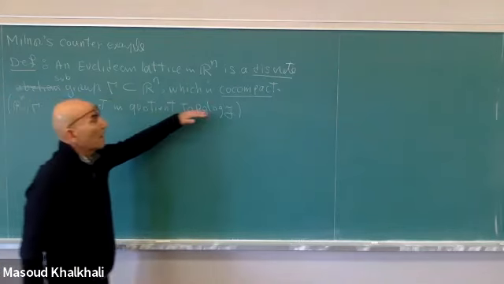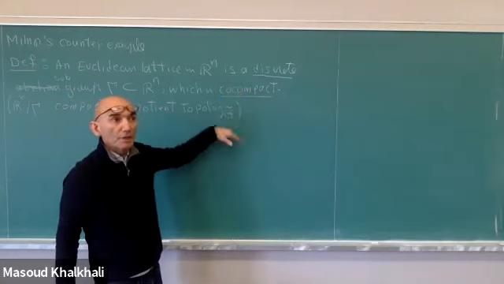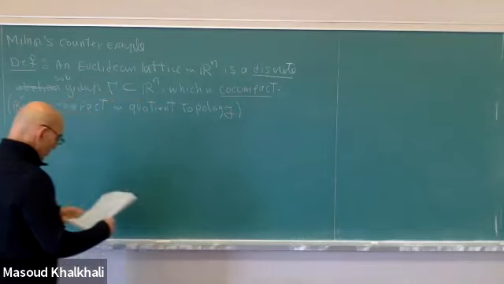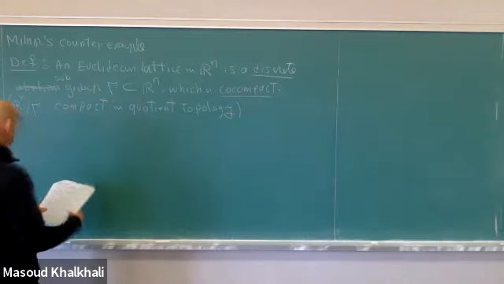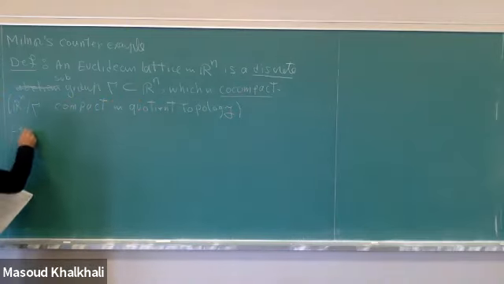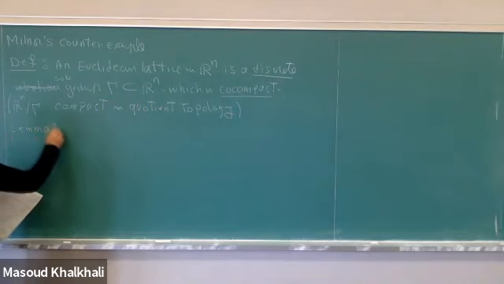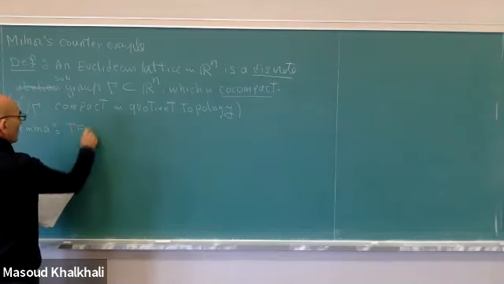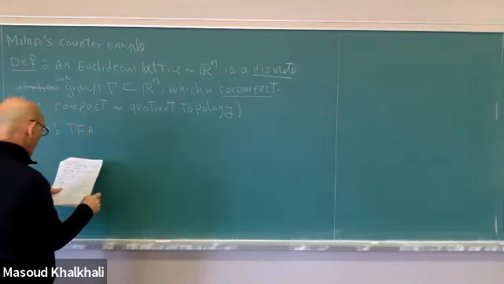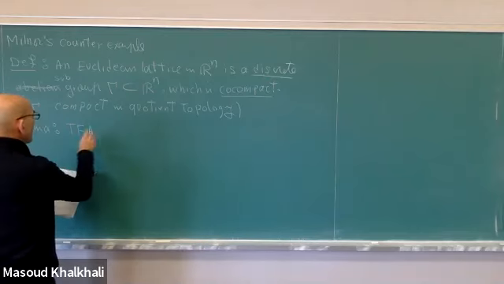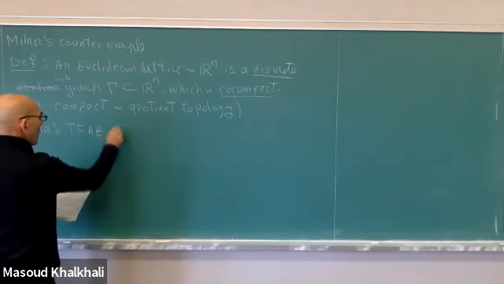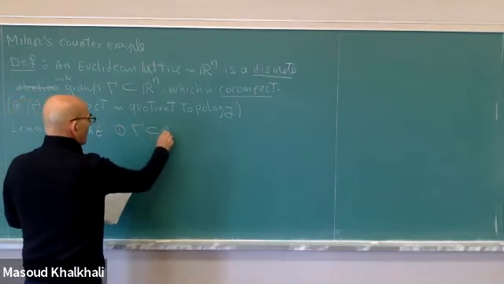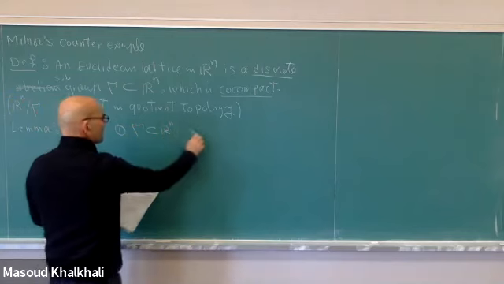But there are many other definitions equivalent to this, which is good to know, and some of them we will use. So let me just give it like a lemma. It's an elementary lemma. The following are equivalent. One is that gamma in Rn is a lattice.